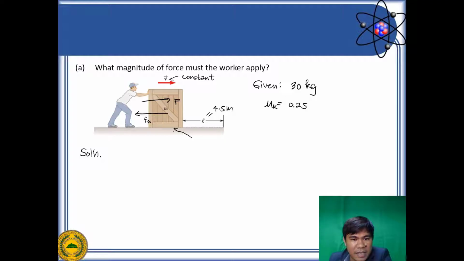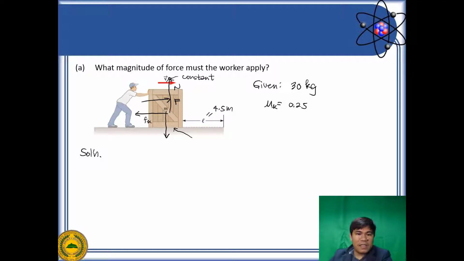There is also a weight, since the box has a mass, so gravity acts on it and creates a force equal to the weight. And by virtue of Newton's third law, if the box exerts a force in the form of a weight on the ground, the ground will also exert a force towards the box in the form of a normal force.